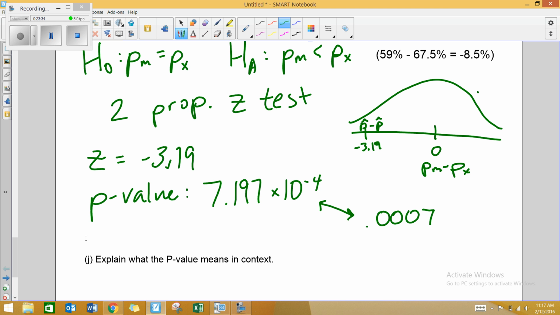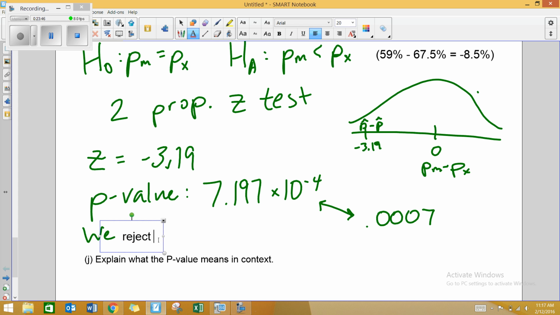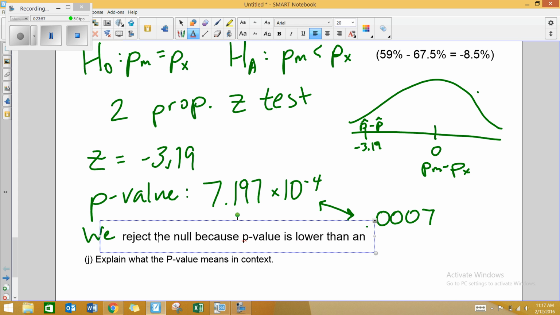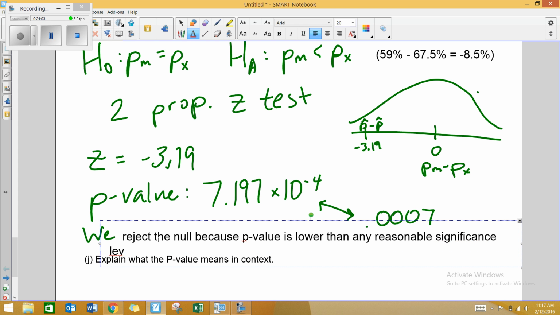Okay, so we are going to make a conclusion here, and I'm going to type it. Okay, so we reject the null because the p-value is lower than any reasonable significance level. 0.0007, just recording that p-value again. This means we have sufficient evidence for the alternative.